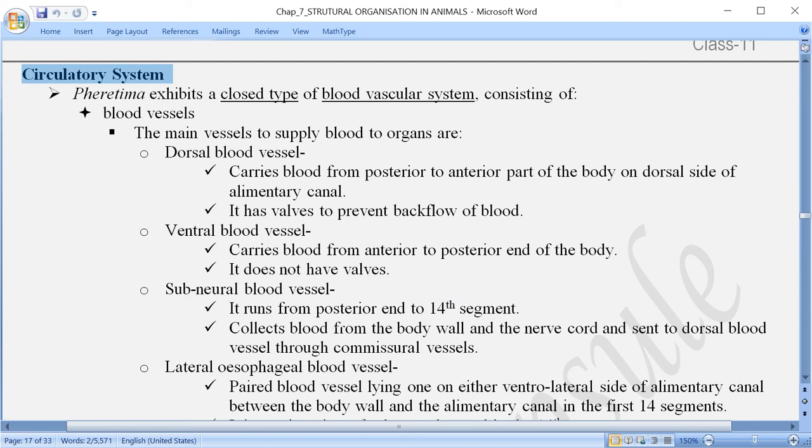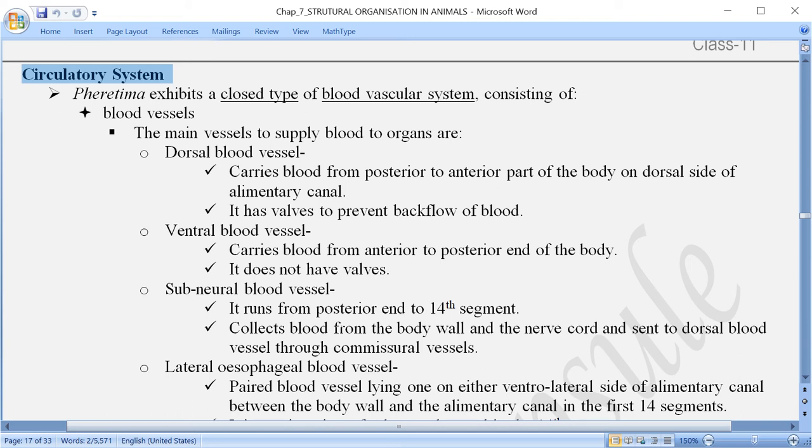Circulatory system in earthworm is of closed type. You remember the difference we had discussed in chapter number 4, the animal kingdom, where we discussed that in the open circulatory system, the blood flows in between the cells and the tissues.